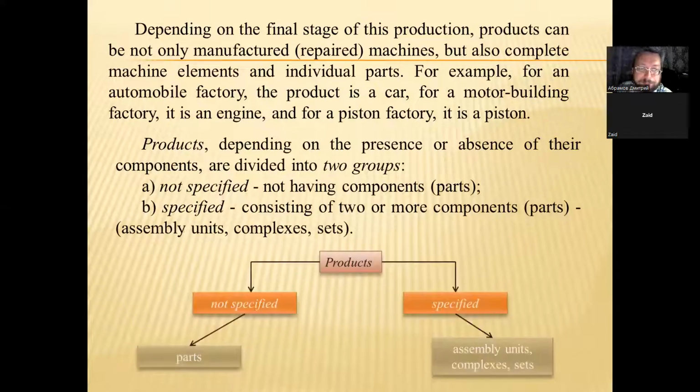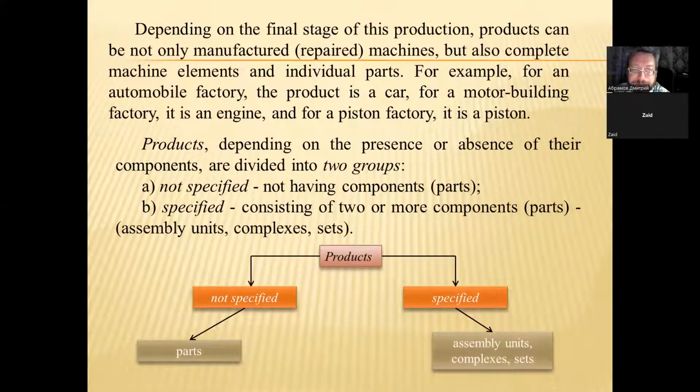Products, depending on the presence or absence of their components, are divided into two groups. First group, not specified: not having components or parts.